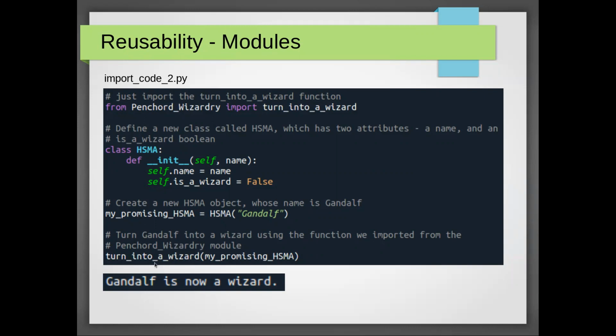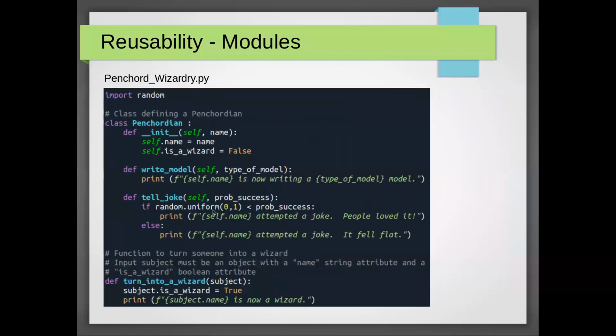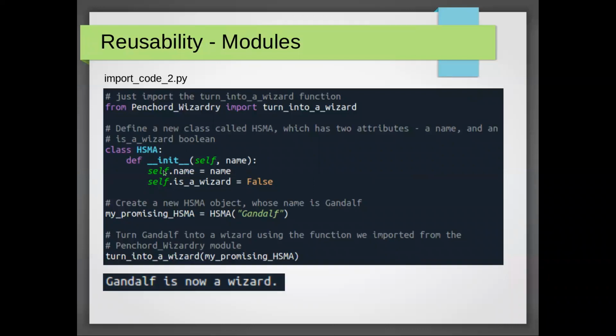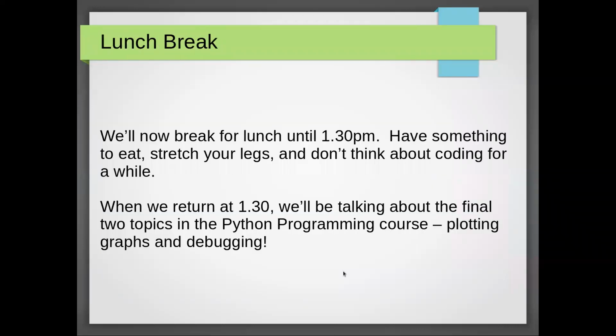I did write it in that other file called pen called wizardry, and I've imported it. So it's as though I wrote it here. And I can call that on this newly created object. So here I've used that function that was written for a completely different purpose, and I've used it for a different class that I've written over here. So it's a really useful way in which we can reuse code.